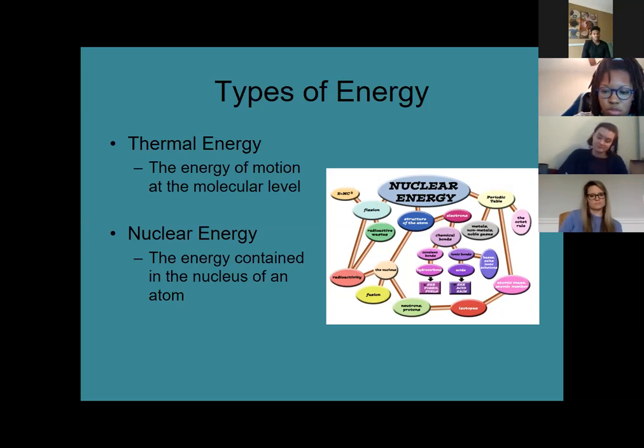You may think of fission. All of these concepts can be thought of generally under the heading of nuclear energy because they're all interconnected. But for us, we're not going to really be dealing with nuclear energy this semester. So just know, in general, this is the energy that's contained within the nucleus of an atom.